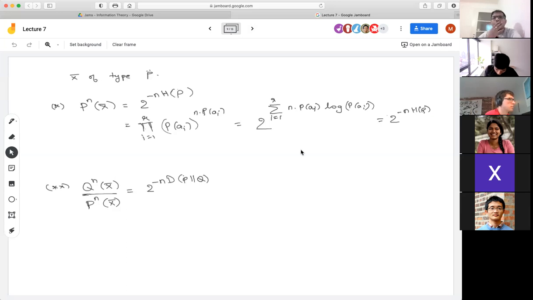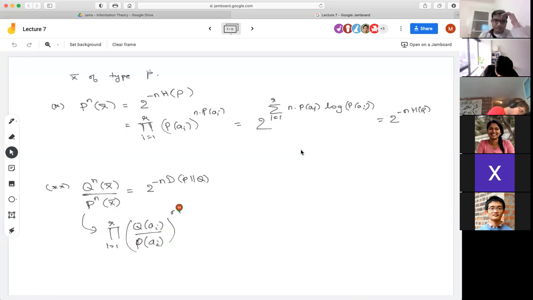Pretty much the same argument also shows you the ratio of the two probabilities according to Q and according to P. It's a little more involved computation, but you can see that the probability according to Q will be Q of AI to the number of times AI occurs, and according to P will be P of AI times the number of times this occurs.